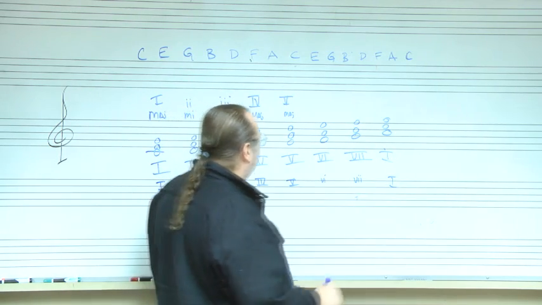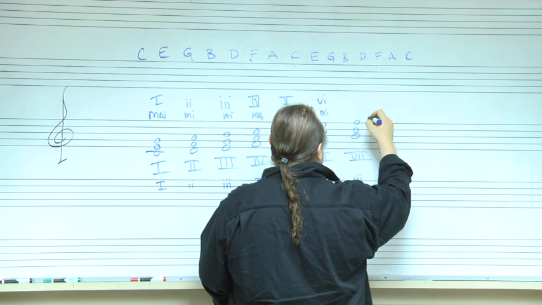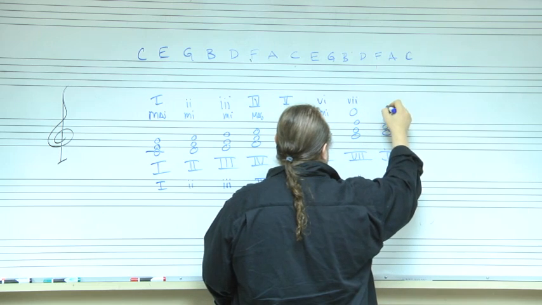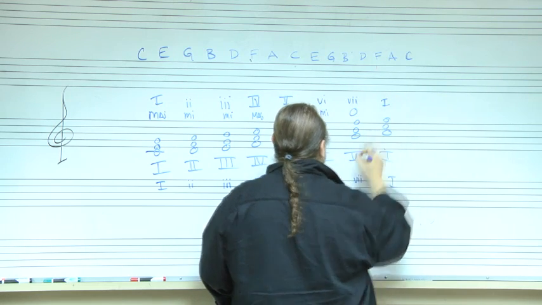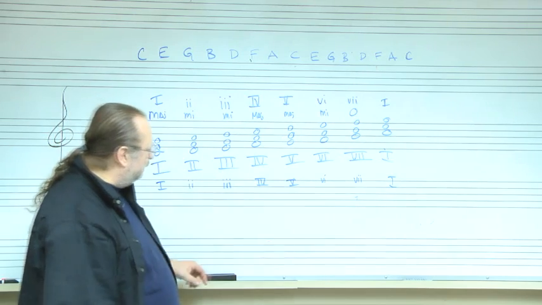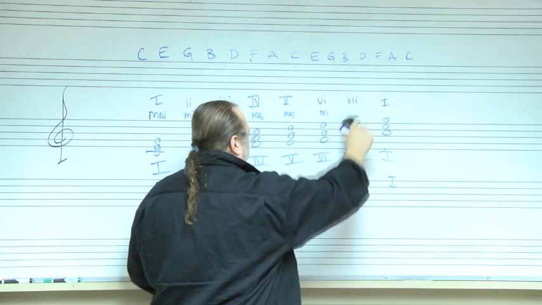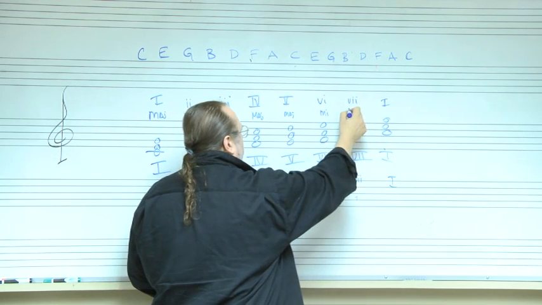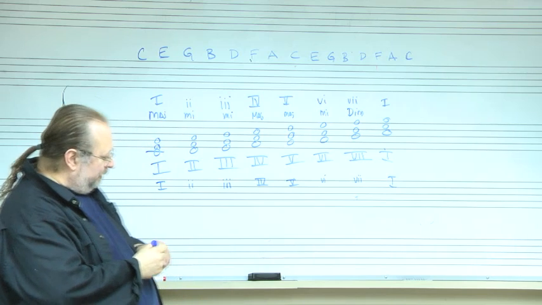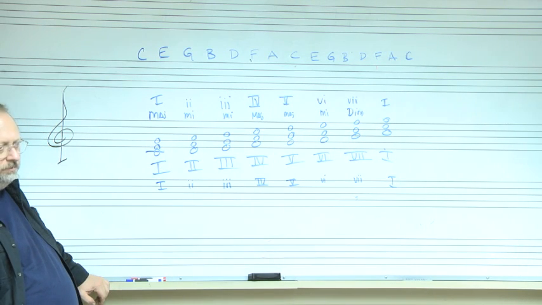Okay, 6 is minor, 7 is diminished, and 1 is major. Now, you see why I don't like to put a circle for diminished, because it looks like an extension of these notes. So I always like to just write D-I-M for diminished. That's my preference. Okay, so that's for triads.